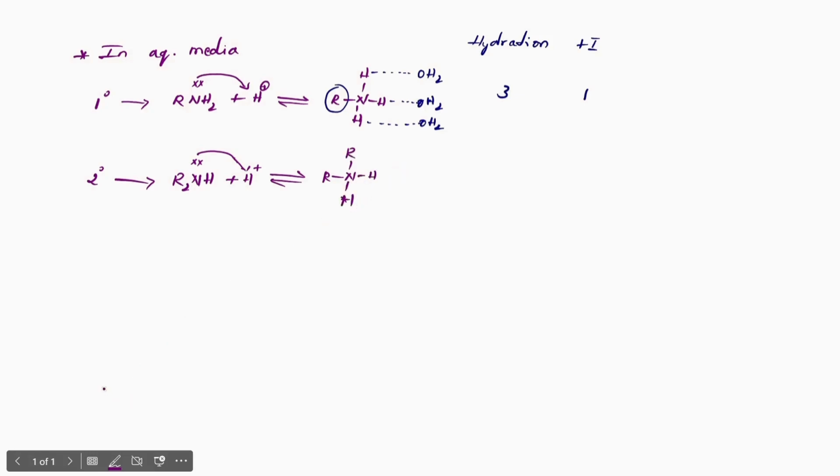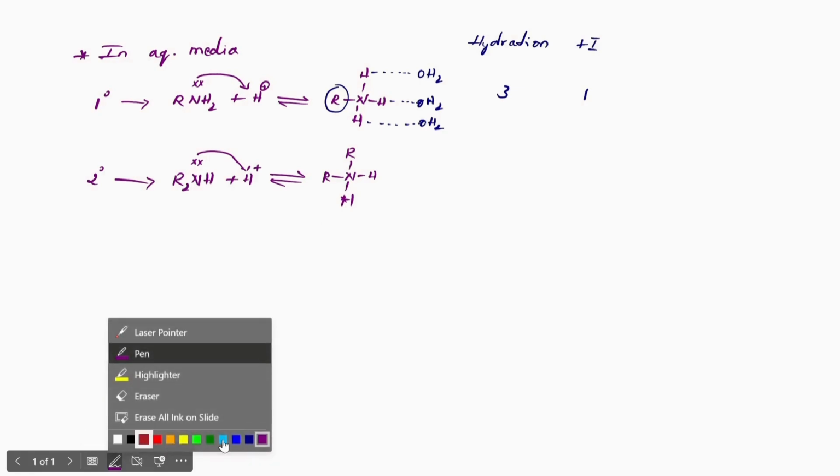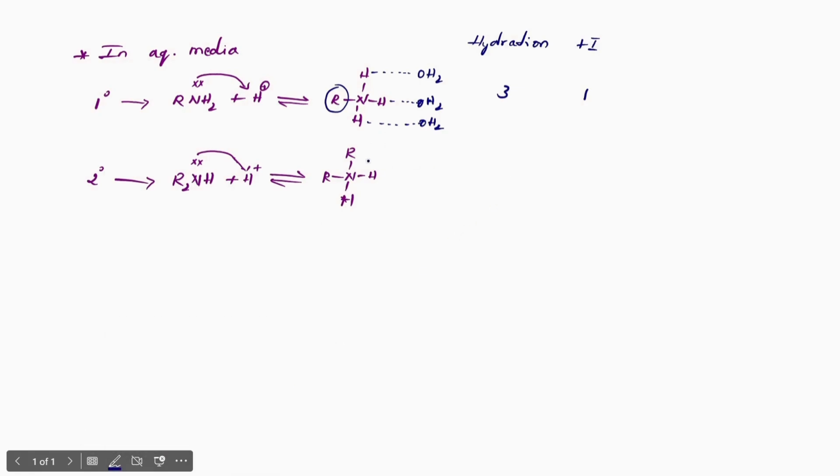So again, formation of hydrogen bond takes place in aqueous media. How many hydrogen bonds are there? 2 hydrogen bonds. How many positive inductive groups? 2.